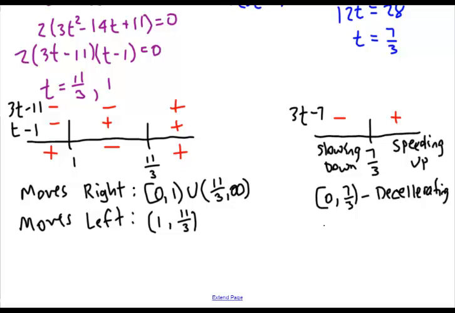And from 7/3 to infinity, that should be open, we're speeding up. And so that's all there is to that guy. Don't let this be horribly challenging or hard. It's not. You're just looking at those derivatives and where they're equal to 0.